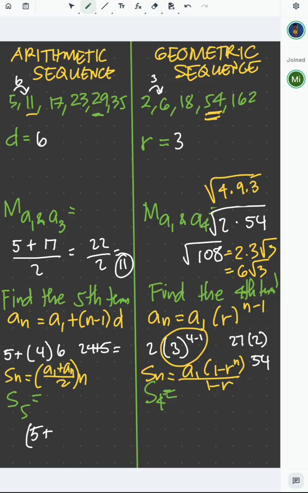5 plus a sub n. A sub n is a sub 5. So what is a sub 5 here? A sub 1, a sub 2, 3, 4, and 5. So that is 29. 29 over 2, then times n. Yes, n is 5. That's right.